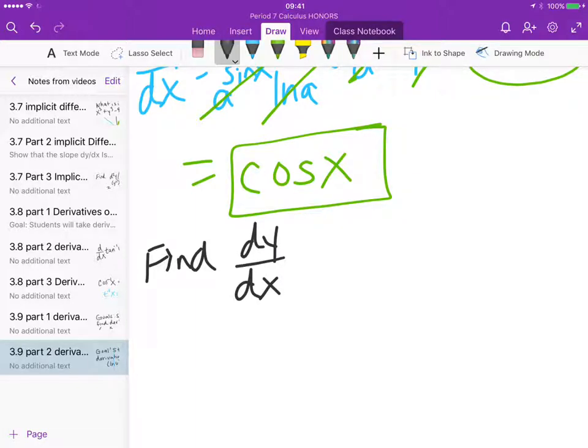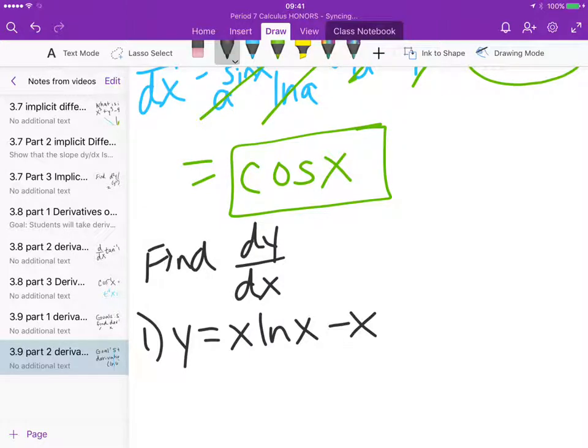In this case, example 1 is, let's see here, y equals, hold on, I'm writing this down wrong, x times the natural log of x minus x. Your answer for this one that you can double check is going to be the natural log of x.